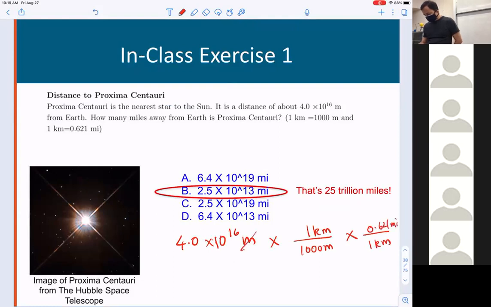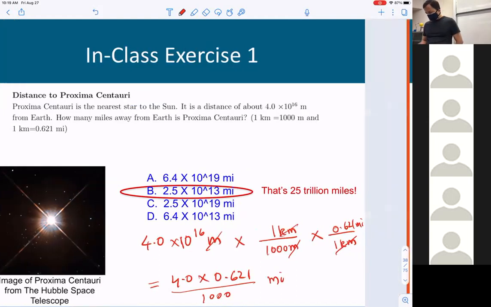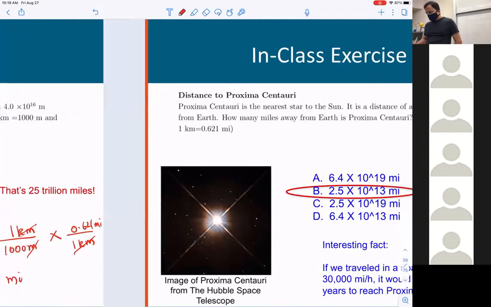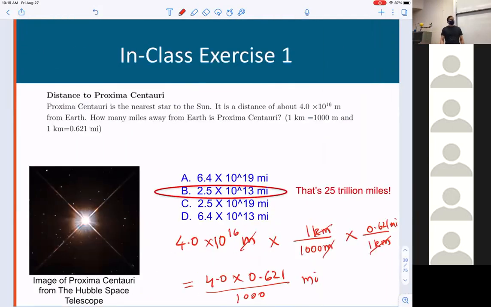Then your meters and meters cancel, kilometers and kilometers cancel, and you're left with 4 times 0.621 divided by 1,000 miles. Any questions on that? Okay. Now, actually, maybe hopefully you didn't see the slide that I just.